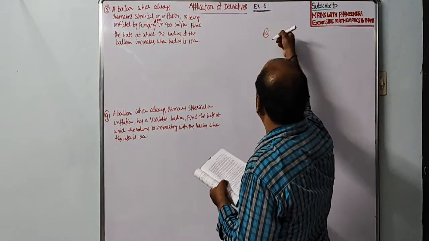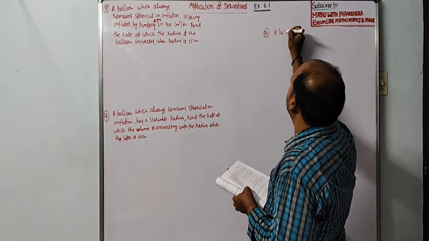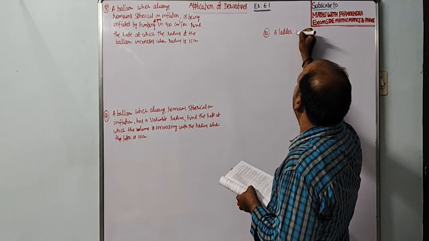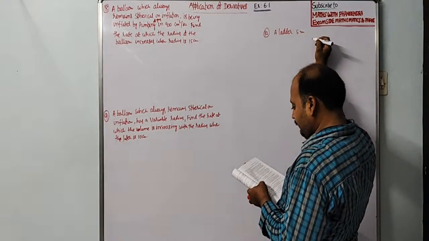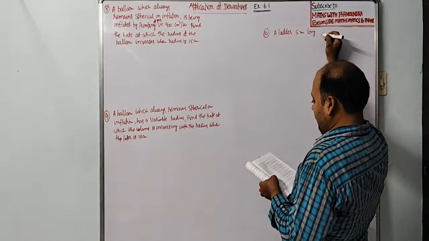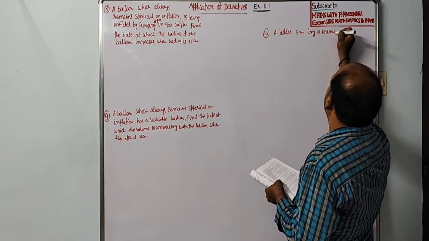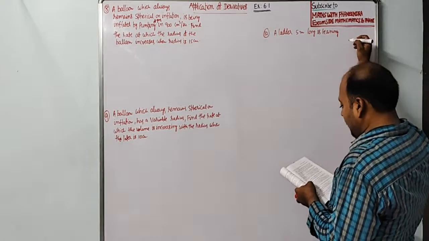So in this session, this is the 10th question, the last one. A ladder 5 meter long is leaning against a wall.